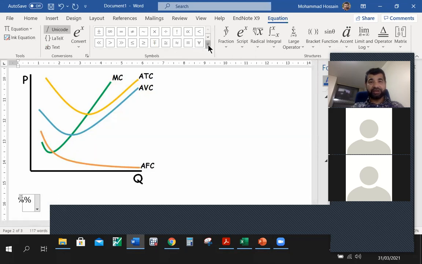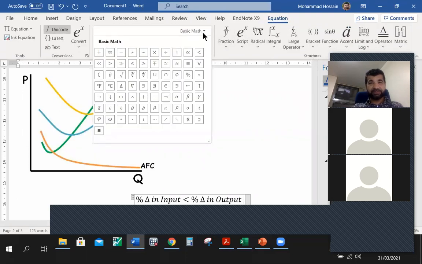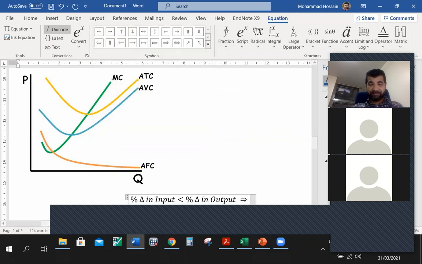Percentage change in input is less than percentage change, then we'll call this one increasing returns to scale.